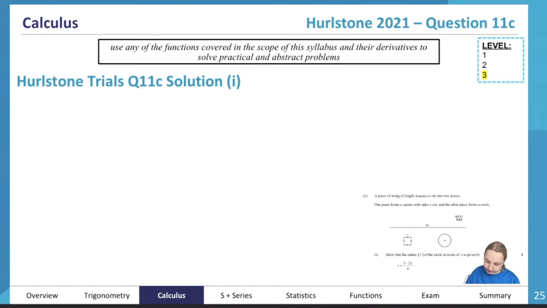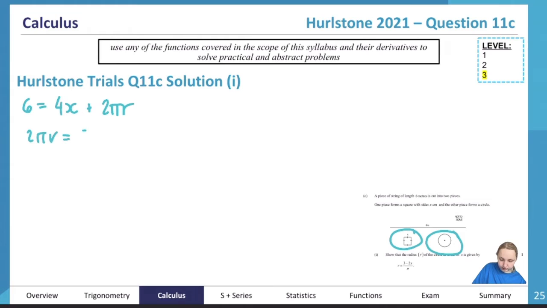So what we're doing is thinking about the total perimeter of the square and the circle being equal to 6. We can work out the square by doing 4 times x. And then the perimeter of the circle is 2 pi r, as just the general rule for the perimeter of a circle. Then from there, we just want to rearrange, so 2 pi r is equal to 6 minus 4x, just by subtracting that 4x across.